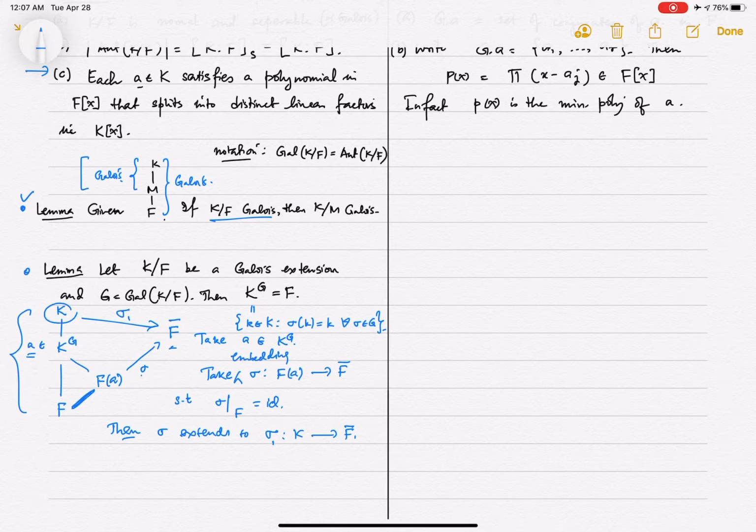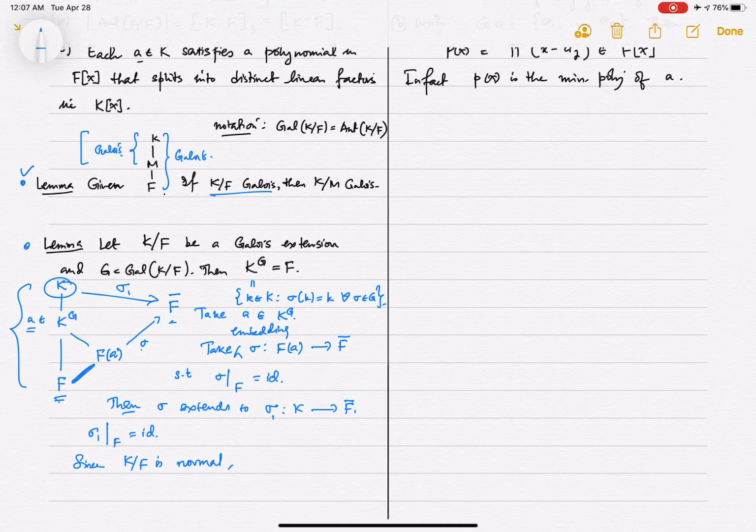But you see K is a splitting field extension over F, and this sigma 1 still fixes F. Since K over F is normal, it's a splitting field extension, I know that any embedding into the algebraic closure is actually an automorphism. So sigma 1 is actually an automorphism of K over F. But that's the group that we are calling the Galois group. So sigma 1 is actually an element of this Galois group.